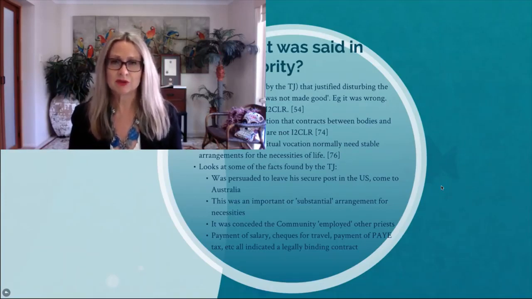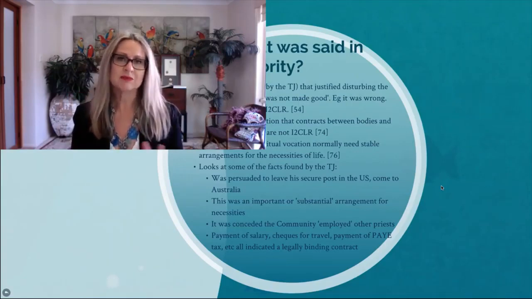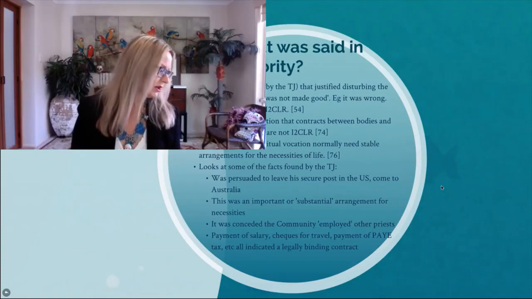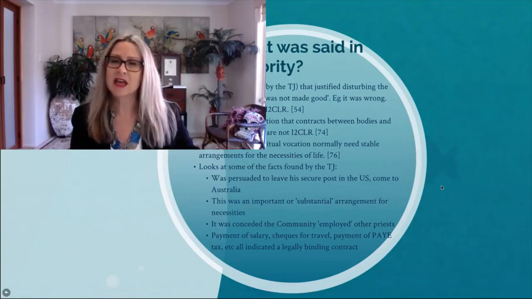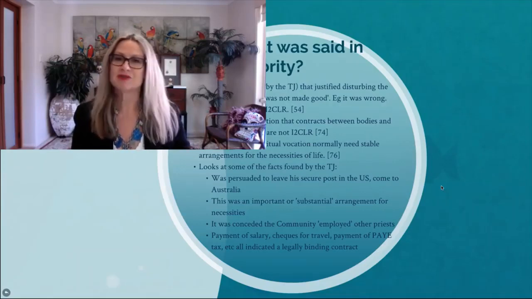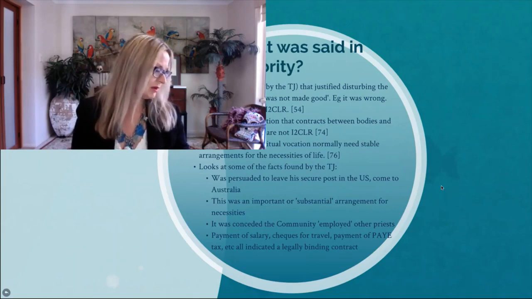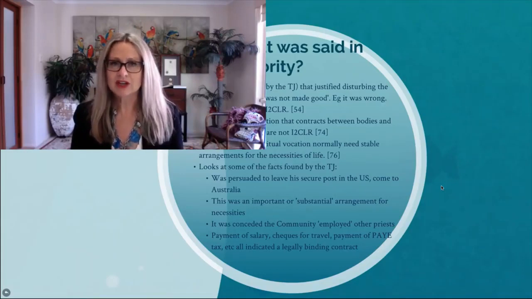And for those of you that have read your text, you may find little flags going off in your head, some similarities with the case of Wakeling and Ripley. In that particular case, it was familial relations, but we had an elderly man living in Australia who invited his sister and her husband to come out and care for him until he died, promised various things if they did so, and the husband had to give up secure employment in England to come out here. Was there legal relations there?